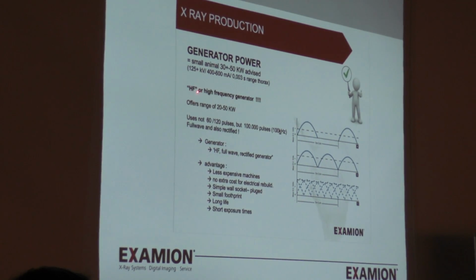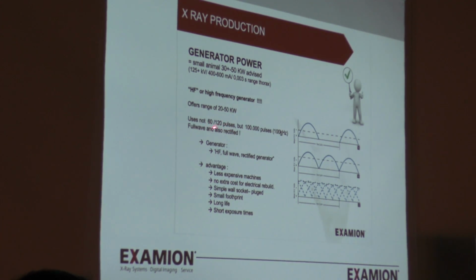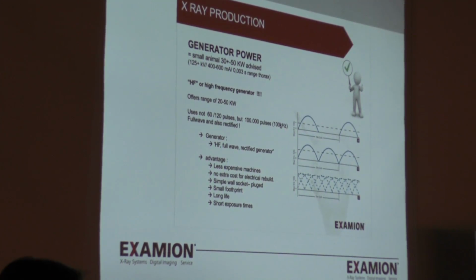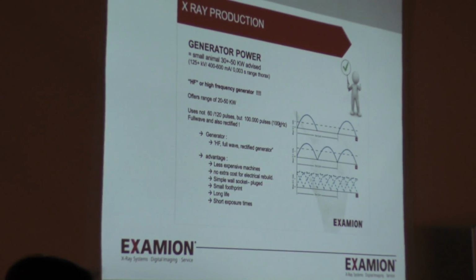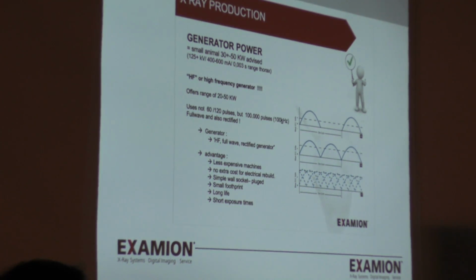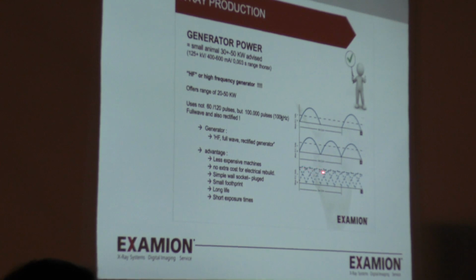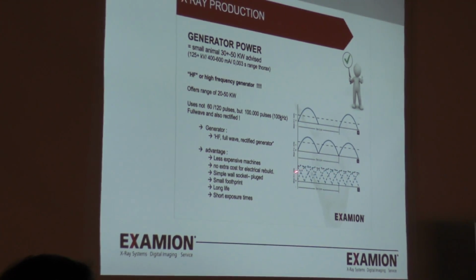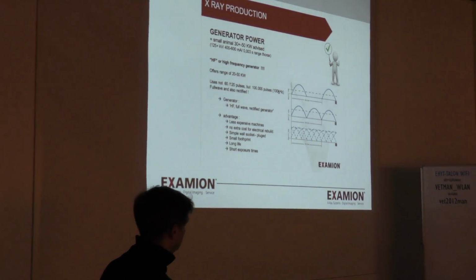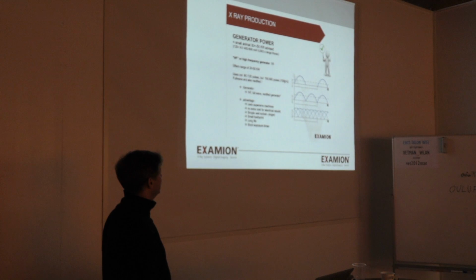High frequency simply means, okay, we still have these oscillations, but instead of using the normal pulses of electricity, which is 60 or rectified 120 pulses per second, we now have 100,000 pulses per second. As you see in this oscillation, we no longer jump from one top to the other, but we can actually have quite a stable output line in time. That's important. It's a little bit technical, but I'll keep it to that. And there's actually much more behind that.